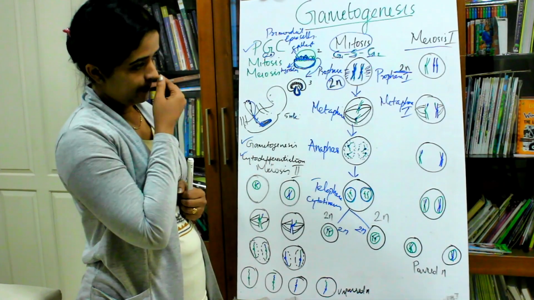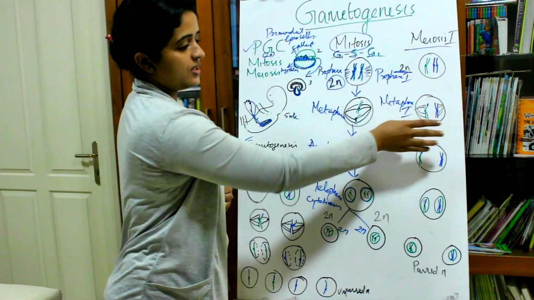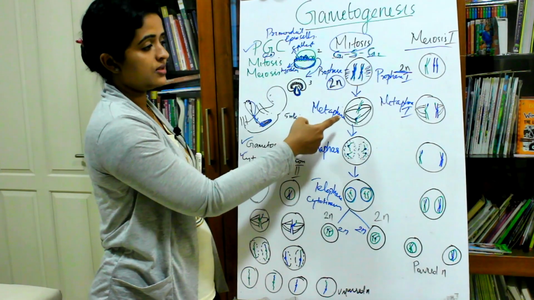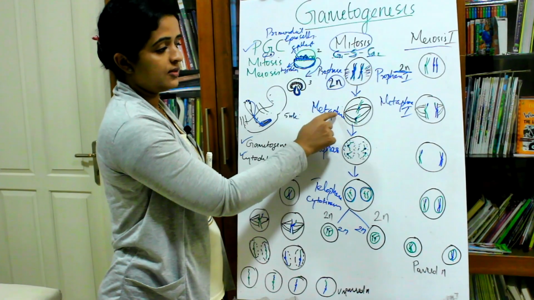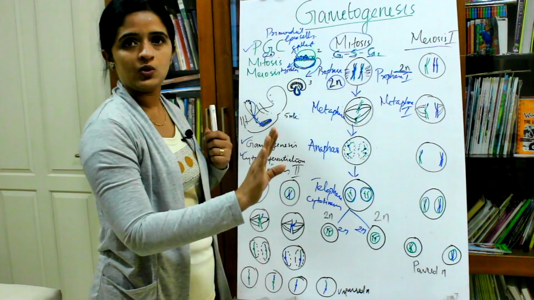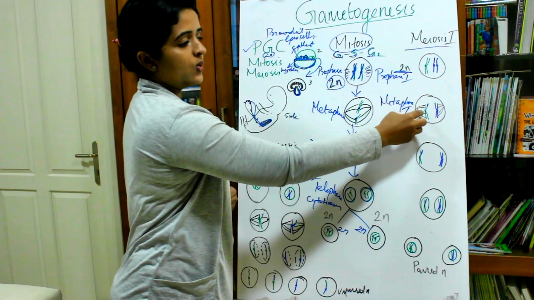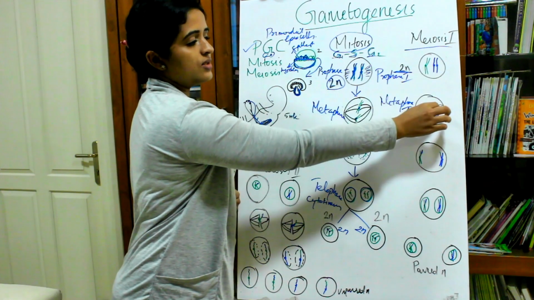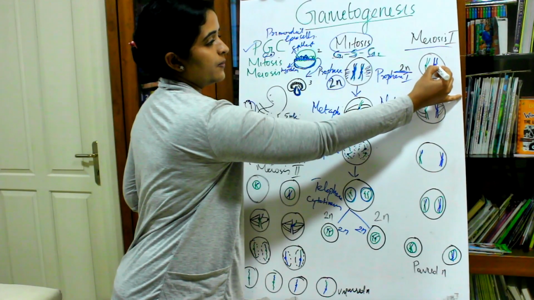But here the mitotic spindles are attached only to one set, whereas in mitosis the chromosomes are arranged in the center and the mitotic spindles are attached to each set so that it is equally divided. Here, if you take one set of chromosomes, you have one set of mitotic spindles, and to the other set of chromosomes you have the other set of mitotic spindles.